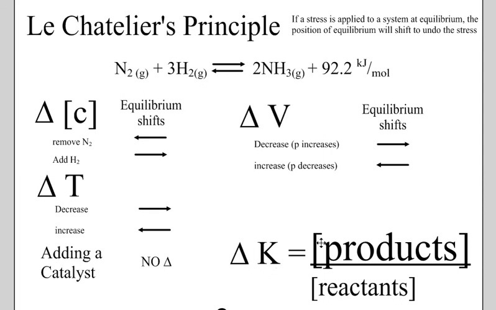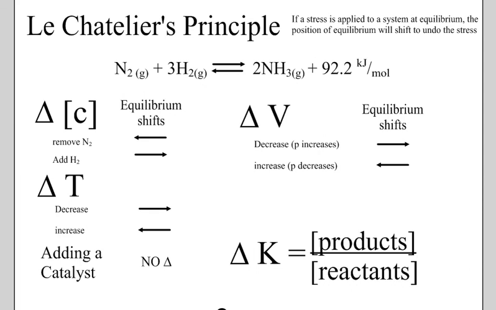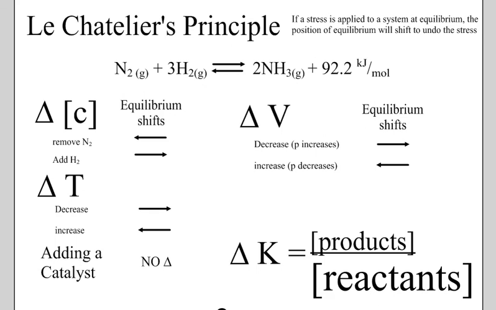So what will happen to K? Well, K will be an improper fraction, a larger whole number, so K would increase. On the flip side, if you cause equilibrium to shift towards causing your reactants concentration to increase, now you'll have a fraction and K will decrease.